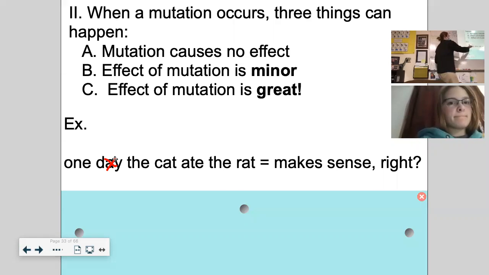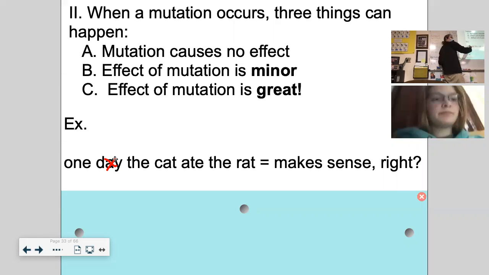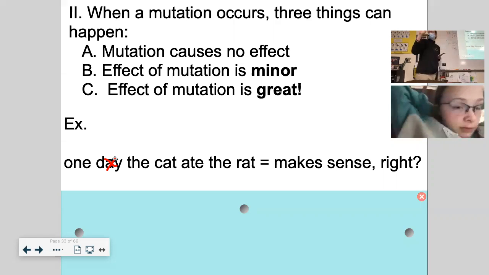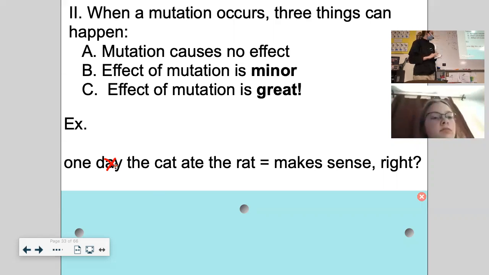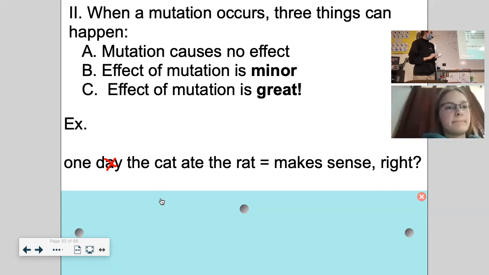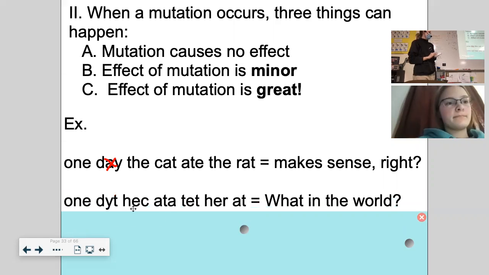Right, so I'm going to take out this letter A. And so now everything's going to get shifted over because it reads in three, every three letters. So now my sentence reads like this. One day, heck at a hat. Doesn't really make sense anymore. So maybe the protein doesn't work as well as it should, and it could be pretty harmful to that organism.